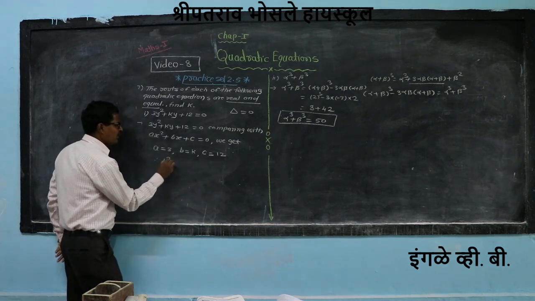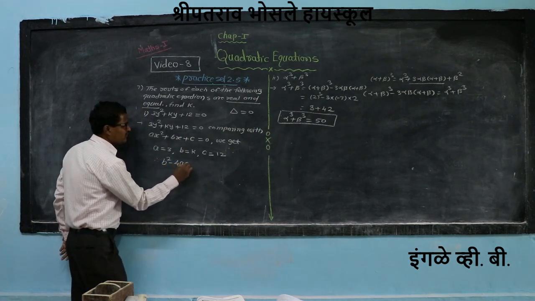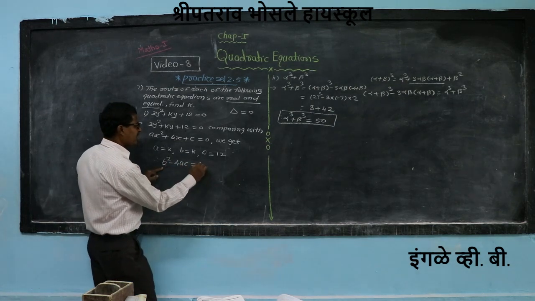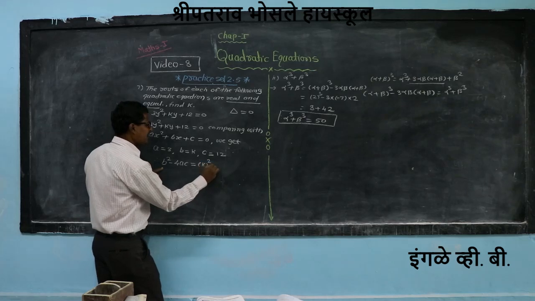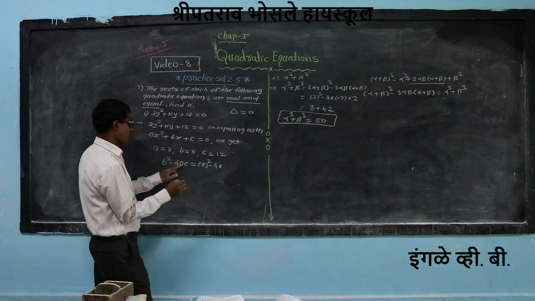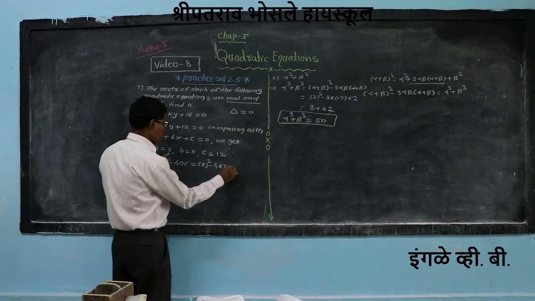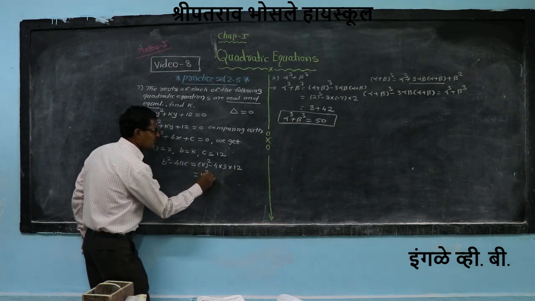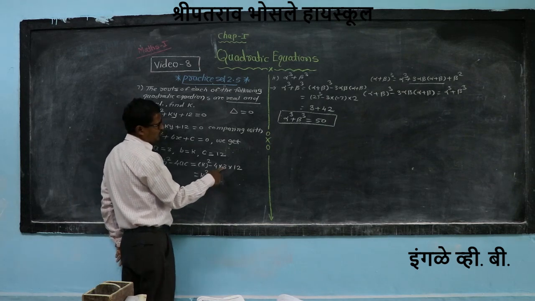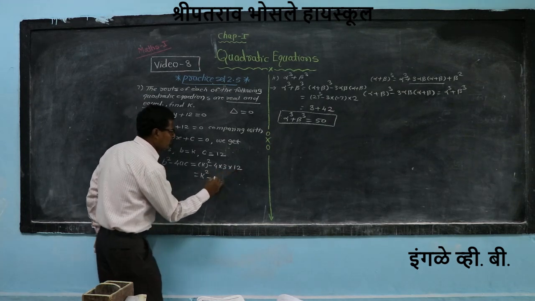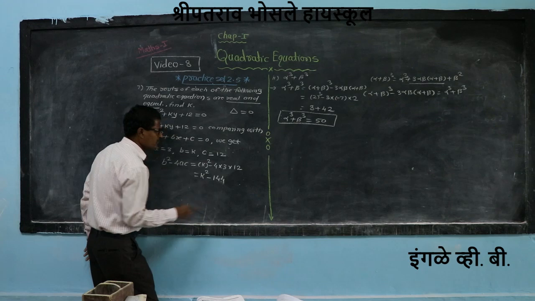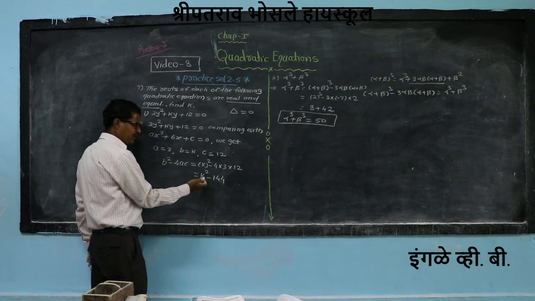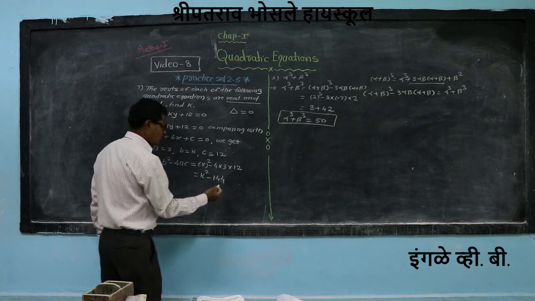Therefore, b square minus 4ac is equal to, putting the values, b is k, so k square minus 4 into a value 3 into value of c, 12. 4 times 3 times 12 is 144. Here we get the value of b square minus 4ac is equal to k square minus 144.